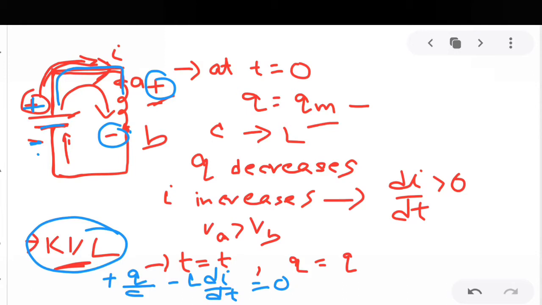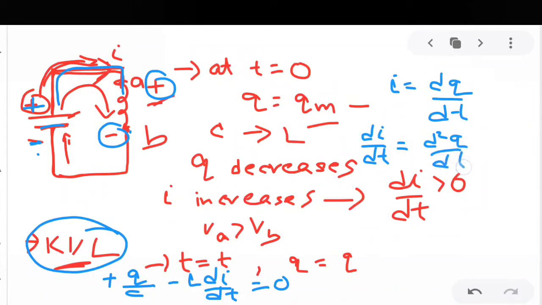Now what is di by dt? di by dt is the rate of change of current. And what is current? Current is dq by dt. So di by dt will be equal to d square q by dt square.